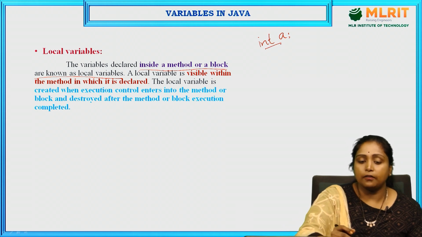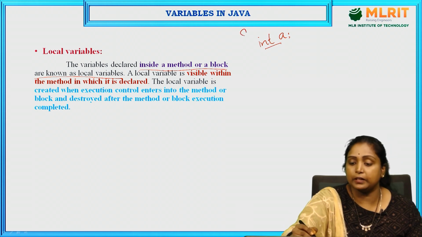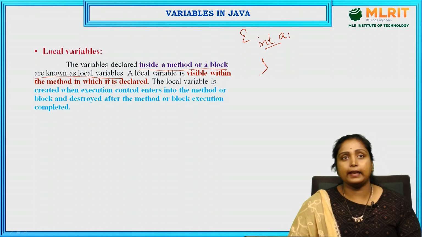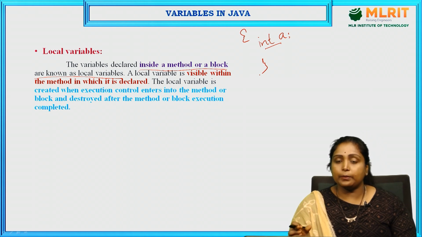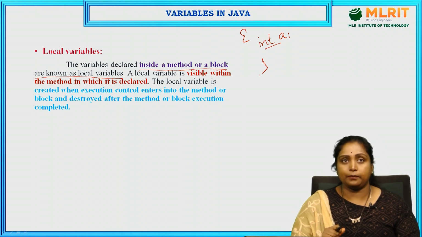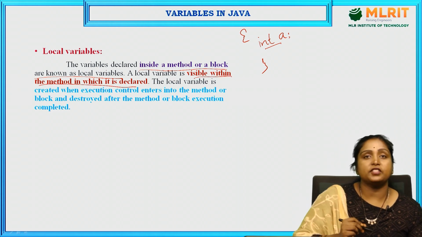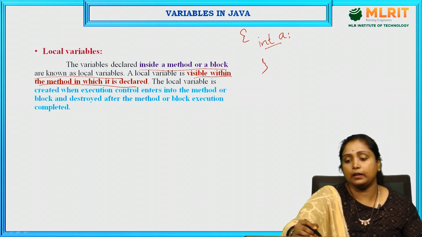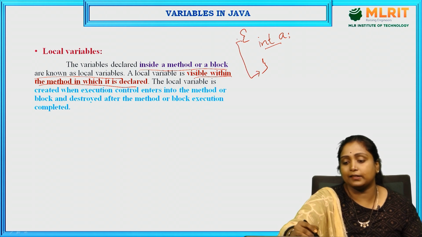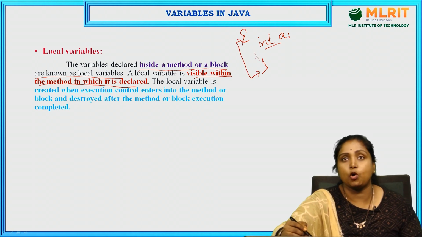So whenever you declare this variable in a particular method or block, then this variable is said to be a local variable. Okay. So it is visible within that particular method in which it is declared. Its lifetime is in between these blocks only.